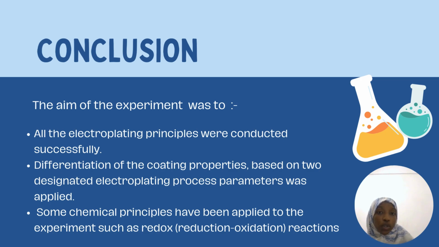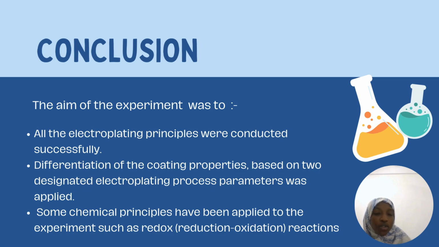Now I'm going to present the conclusion of this experiment. As we saw in the introduction, the aim of this experiment was to conduct the electroplating principle on different types of materials, especially iron and mild steel. Electroplating is the process of producing a coating on a metallic surface using the action of an electric current that goes through an electrolyte solution.